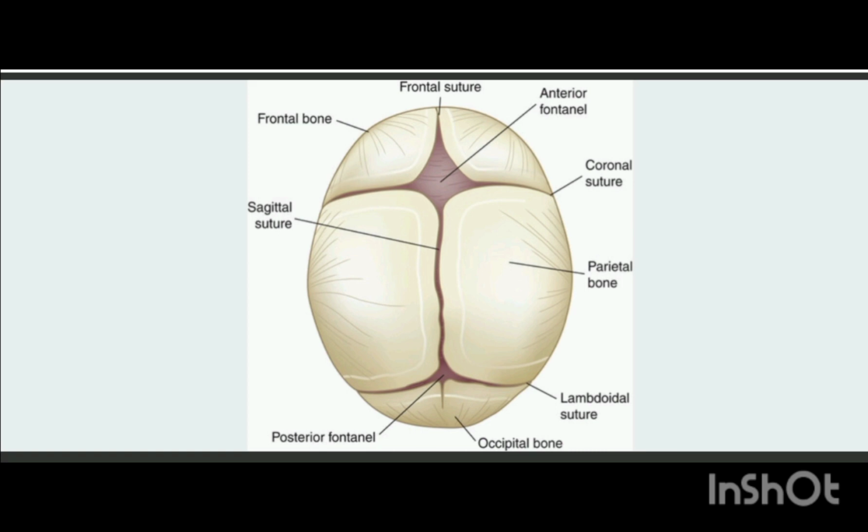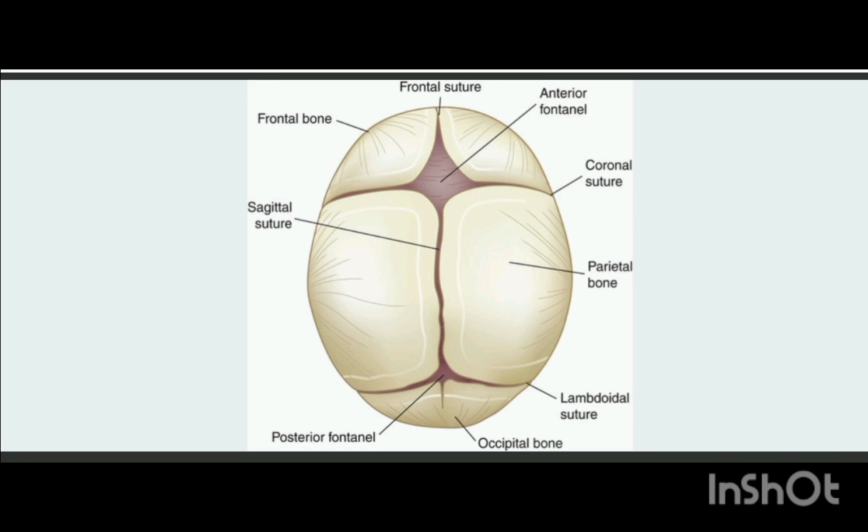About the posterior fontanelle: the junction of the lambdoid sutures is called the posterior fontanelle. In other words, the junction between the 2 parietal bones and the occipital bone in the lambdoid suture is known as the posterior fontanelle.